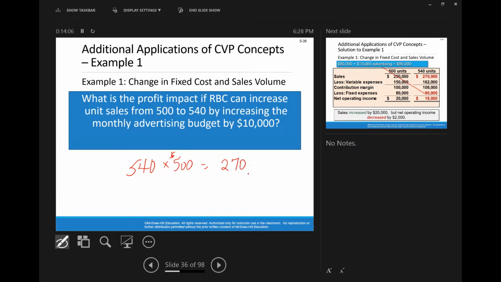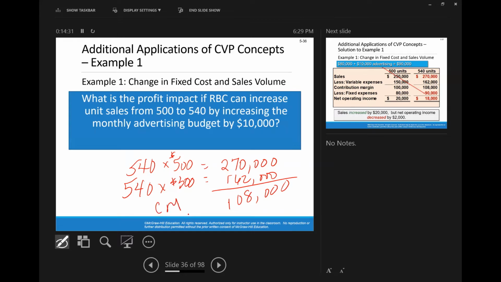So now our sales are 270. And we have our variable expense. It's the 540 units times the 300. So we have 108 contribution margin.